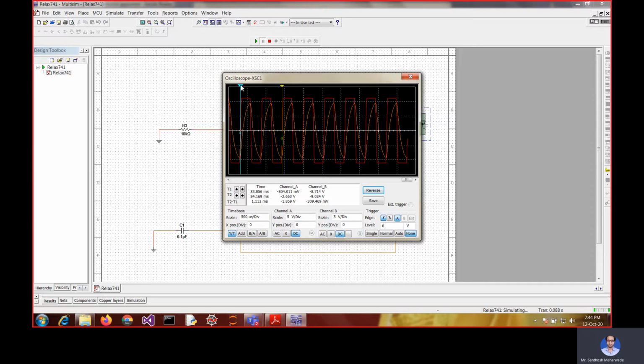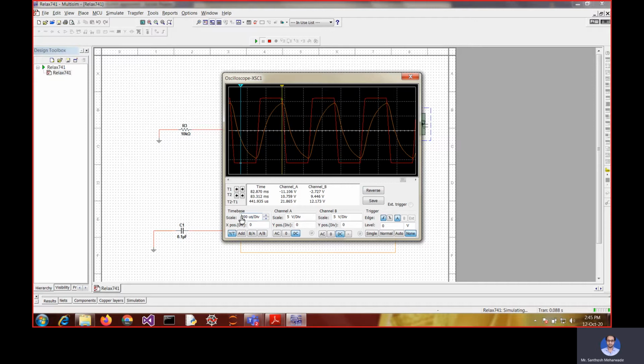You can see 200 microseconds per division, which means each division is 0.2 millisecond. All these vertical blocks are 5 volt per division for both channel A and channel B. This is the same thing we observed in our hardware part also.